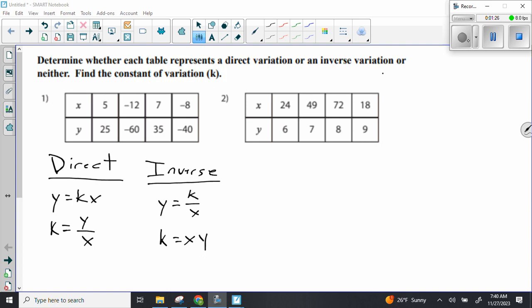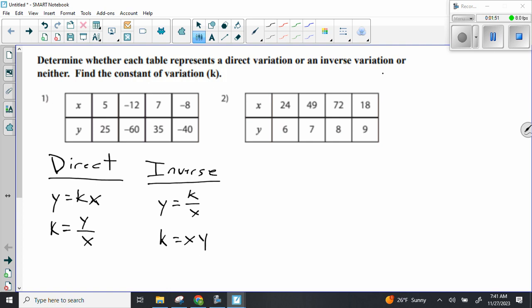So let's check this out. First, is there a common difference happening here? If so, that's the value k. We can also check if our constant is y over x.